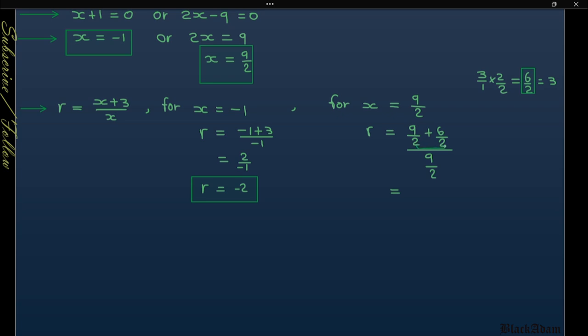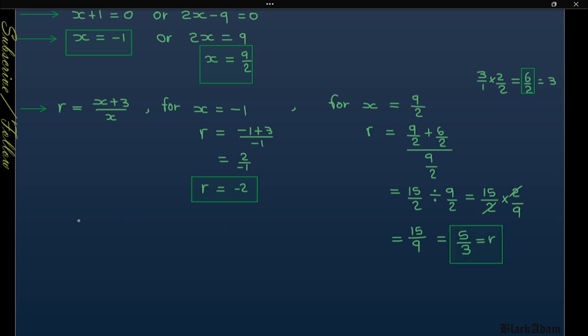We have the same base, so we just add the numerators. Then we have 15 over 2 divided by 9 over 2, because 9 plus 6 is 15. That's 15 over 2 multiplied by 2 over 9, so the 2 cancels out and we have 15 over 9. 3 into 9 is 3, 3 into 15 is 5, so we have 5 over 3 equals R.